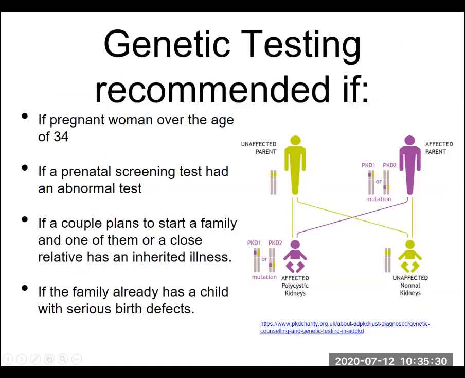So genetic testing, normally done with a genetic counselor, is recommended if a woman is pregnant over the age of 34, if there was a prenatal screening test that had some type of abnormality associated with it, if the couple plans to have a family and one of them or a close relative has an inherited illness and they're concerned about the risk of passing that on to their new child, or if the child already has a serious birth defect or genetic disorder, what are the odds that they're going to have another child with that disorder?